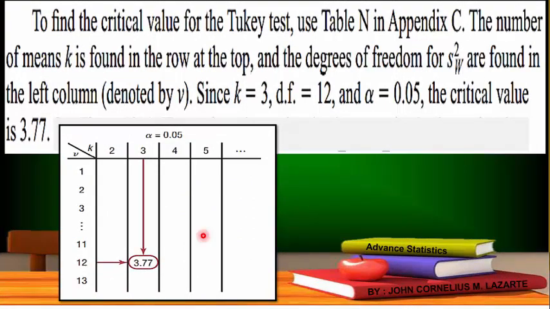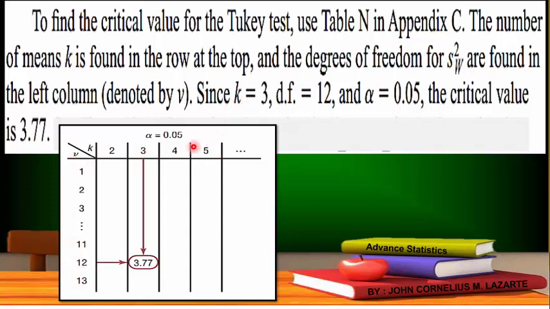Now, to find the critical value for the Tukey test, we are going to use Table N in Appendix C. The number of means k is found in the row at the top here, and the degrees of freedom are found in the left column denoted by v here.